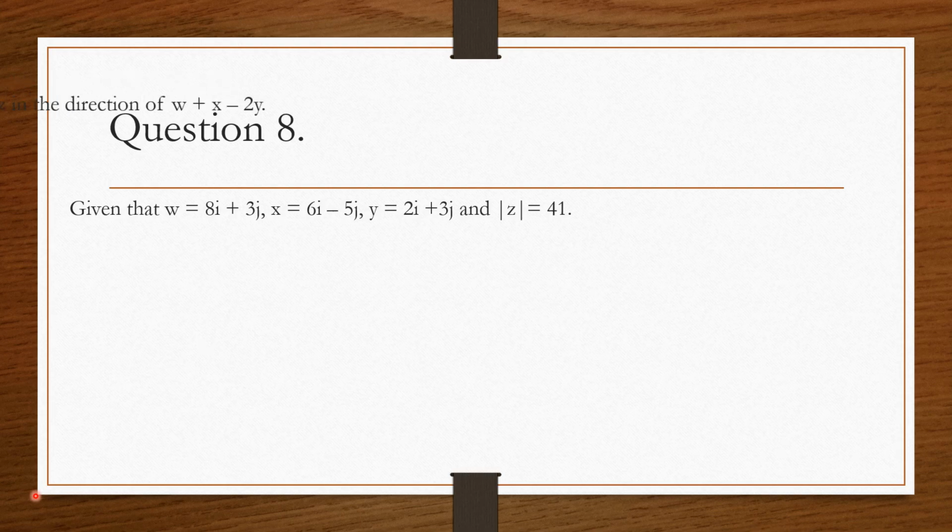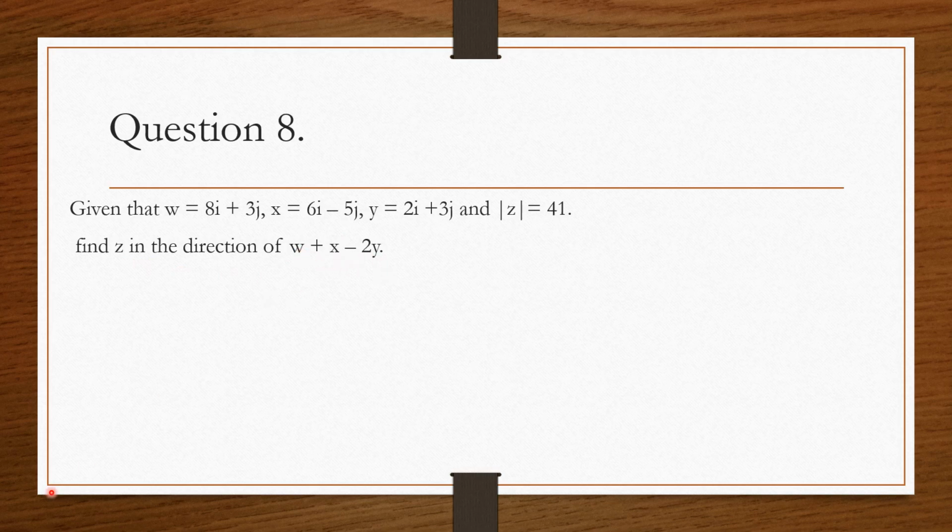Okay, what are we looking for? They say we should find z in the direction of w plus x minus 2y. So we are looking for z in the direction of w plus x minus 2y.